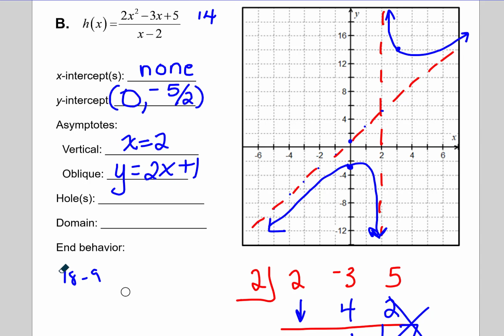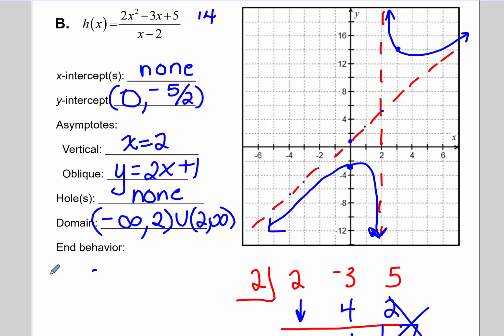And again, I'm only making estimates because we're sketching. So we had no hole, nothing canceled. The domain had to skip across 2. 2 was not included in the domain.